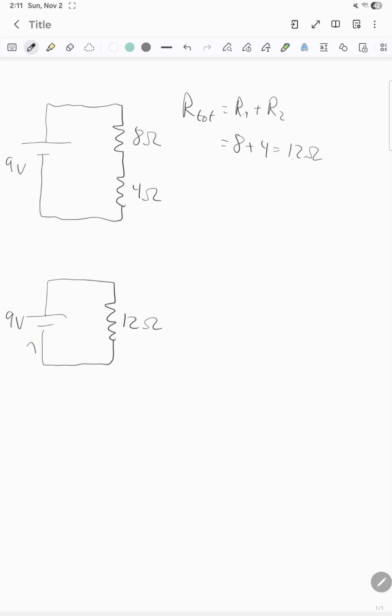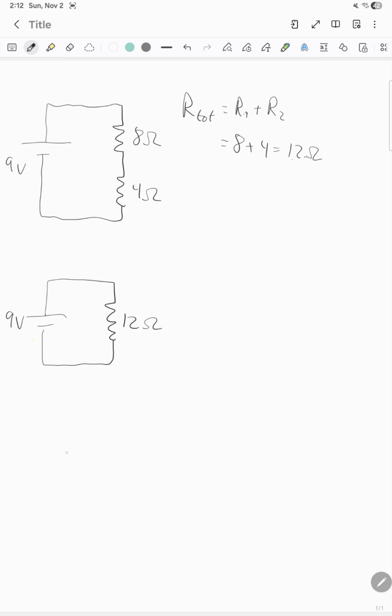Also you should know that in a series circuit, the current will be equal. So the current in a series circuit is the same. This is the same current that passes through. It won't have a different current as, for example, a parallel circuit will.